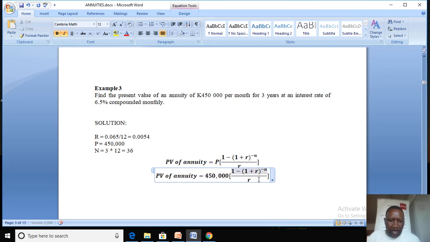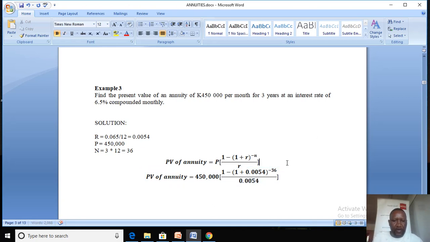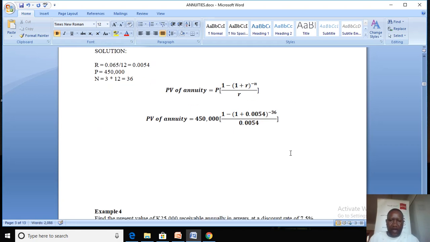You have your R, 0.0054. You have your N, that's a negative 36. You have your R down there, that is going to be 0.0054. Let's create space between the two parts.